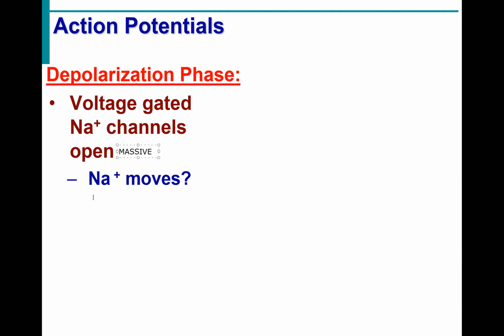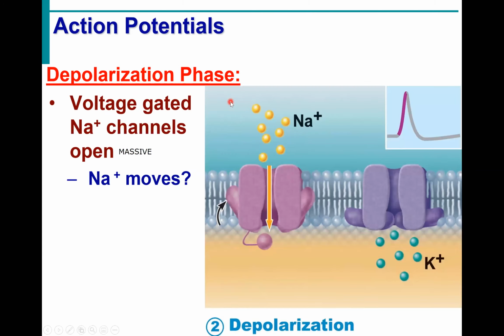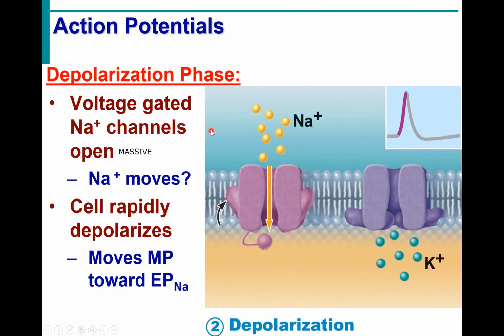And a positive ion entering the cell makes the cell more positive. We get a big, rapid depolarization because sodium's coming in to try to get the cell's membrane potential to equal positive 66 millivolts. So we have a massive amount of sodium coming in.